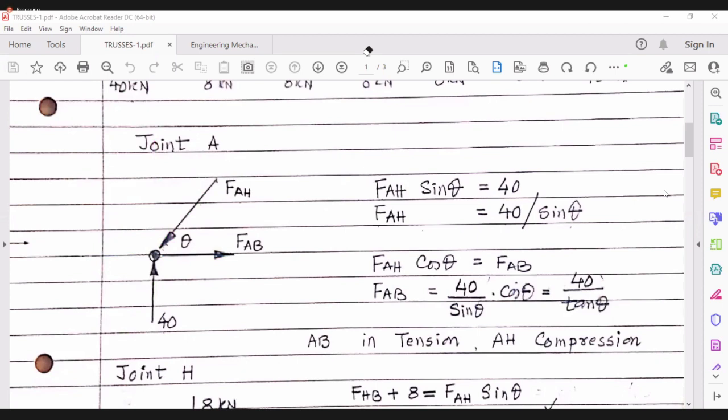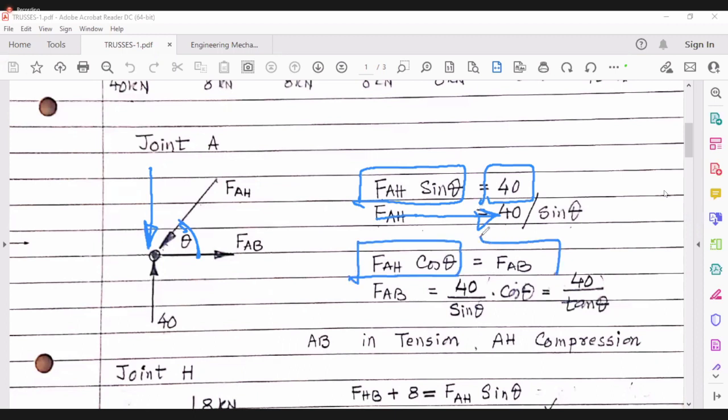FAH sin theta is this force because this is theta. FAH sin theta is equal to 40. So FAH is equal to 40 by sin theta. FAH cos theta is equal to FAB. FAH cos theta will be in this direction.